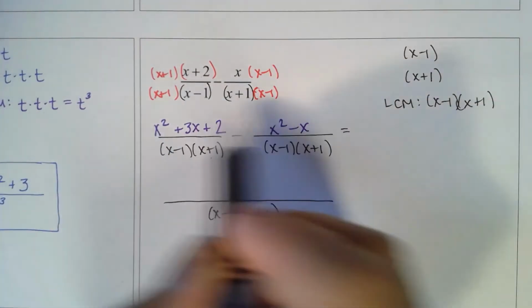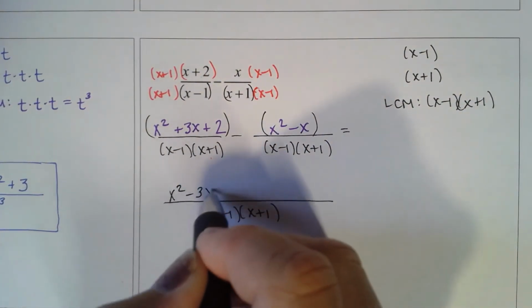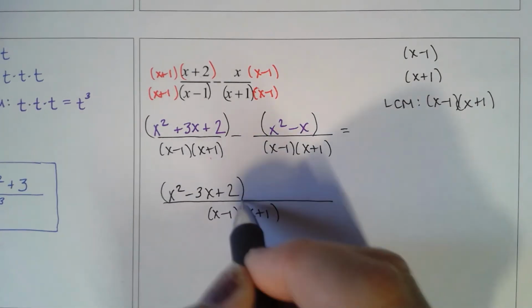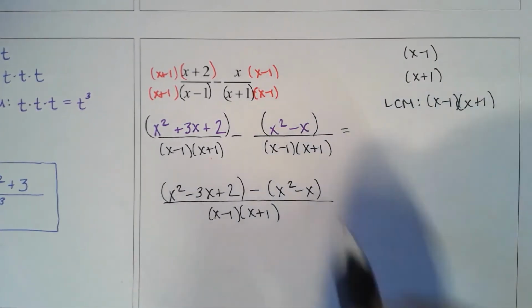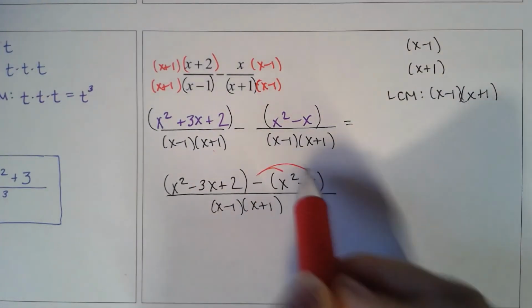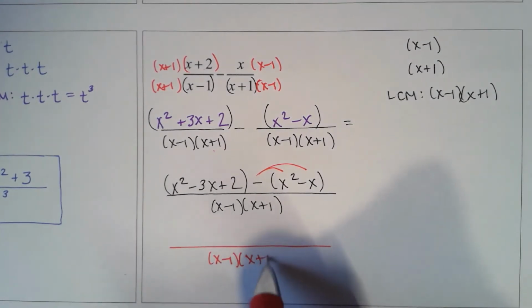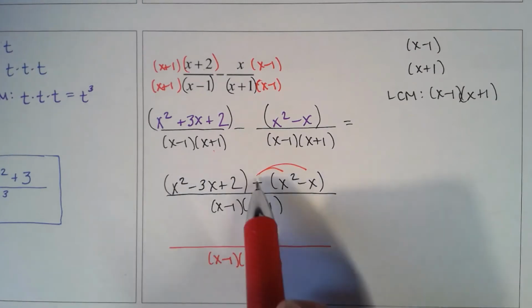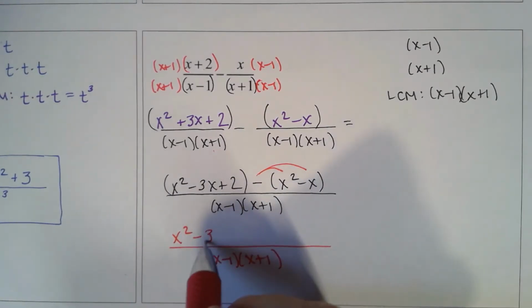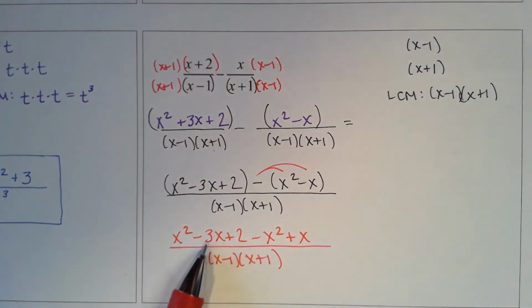In the numerator, I'm going to subtract what I have here. So x squared plus 3x plus 2 minus the whole numerator, x squared minus x. All right, so once I distribute that negative, I'm no longer going to need parentheses anymore. So in my numerator, I have x squared plus 3x plus 2 minus x squared plus x.